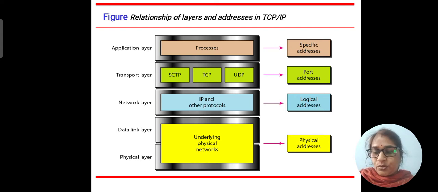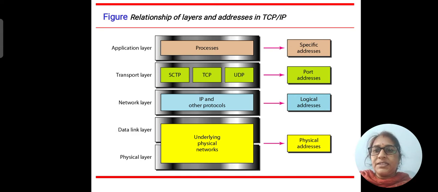Stream Control Transmission Protocol provides support for new applications. The next one is port addresses, as shown in the block diagram. The IP addresses and physical addresses are necessary for a quantity of data to travel from a source to the destination.